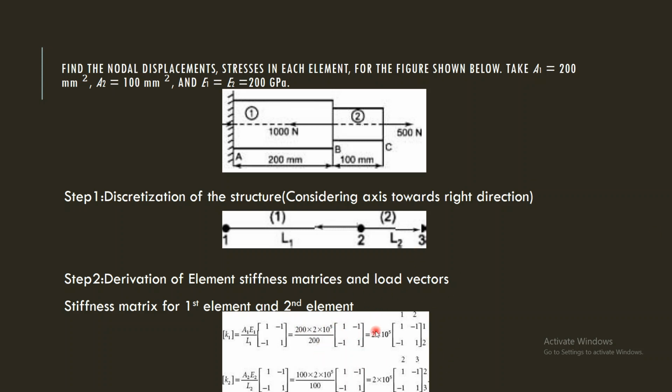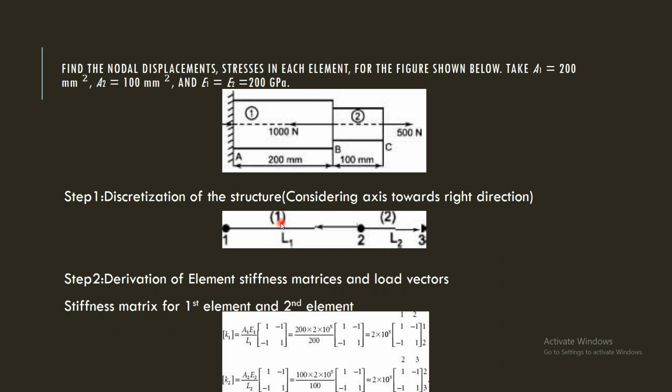If you do the simplification, I got the solution as 2 into 10 raised to 5, maintaining some consistency with respect to the powers of 10 along with the nodal numbers. Nodal degrees of freedom I have to once again mark in the corresponding rows and corresponding columns. So how will you get that?